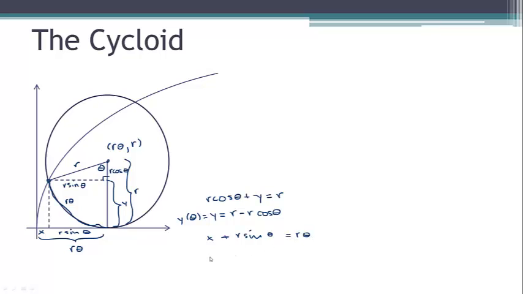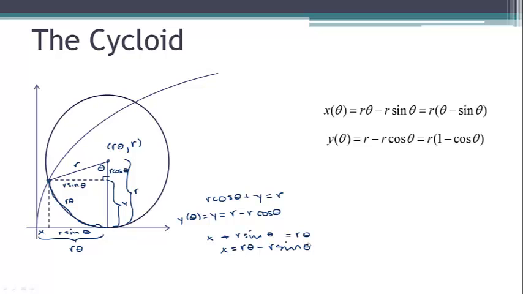And if I solve this for x, I get x equals r theta minus r sine theta. And there's my second formula. Right? There's my x-coordinate. So I've rewritten these here, kind of neaten them up a little bit. They're commonly written the way I have them on the second equality there, with the r's factored out. So those two equations there are the parametric equations of a cycloid based on a circle of radius r.